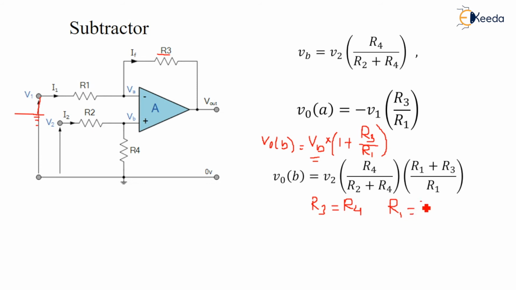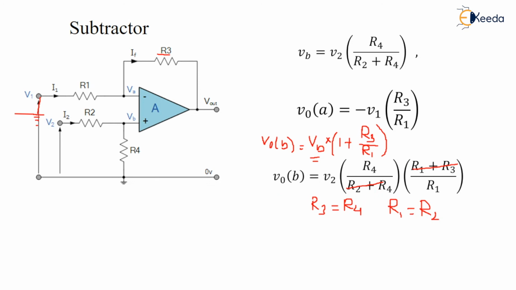After substitution, it is seen that these terms will get cancelled. Here, instead of R2, I'll substitute R1, and instead of R4, I substitute R3. So this term will get cancelled. So VOB is equal to V2 into R3 divided by R1.